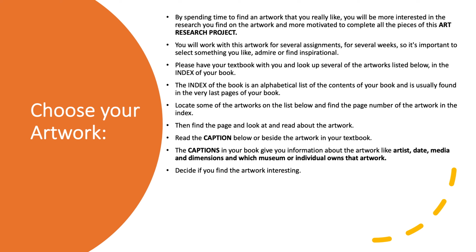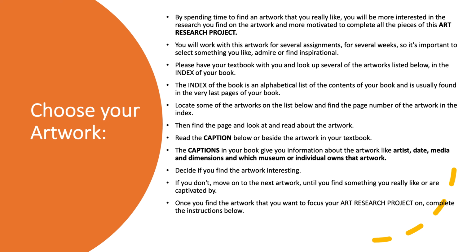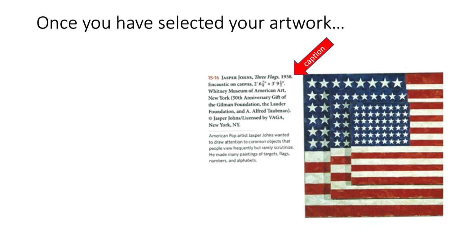Decide if you find the artwork interesting. If you don't, move on to the next artwork until you find something you really like or are captivated by. Once you find the artwork that you want to focus your art research project on, complete the instructions below. And these are also on the Canvas assignment.